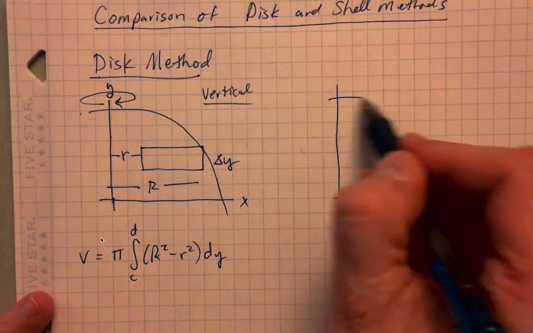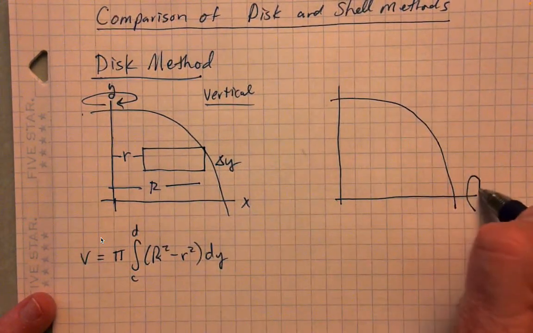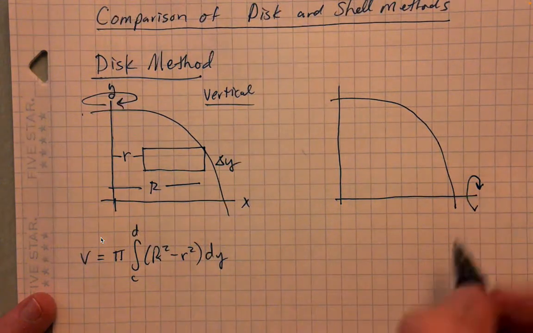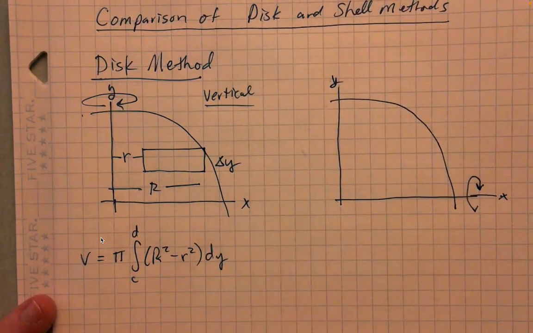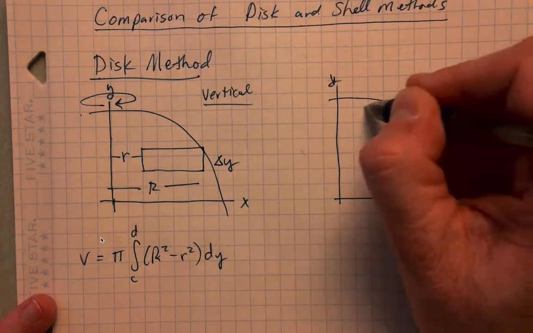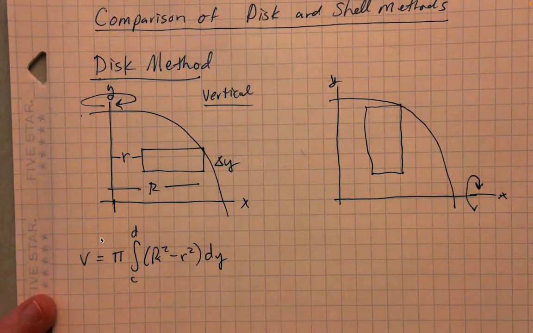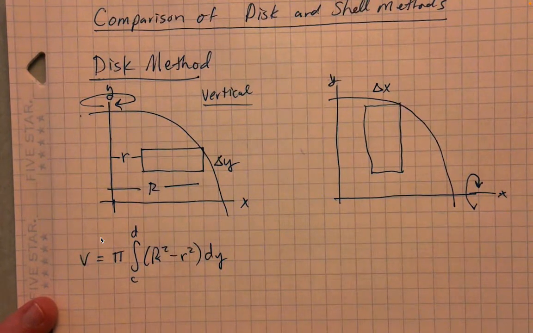Same function, but this time we're going to rotate around the x-axis. That means we're going to have vertical rectangles, and that means we get a delta x width.